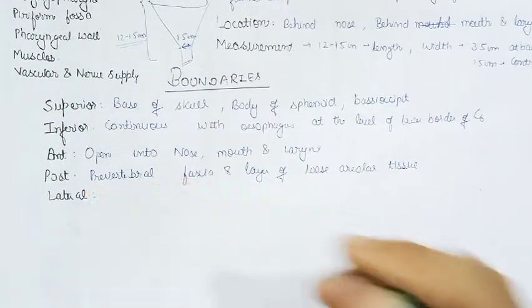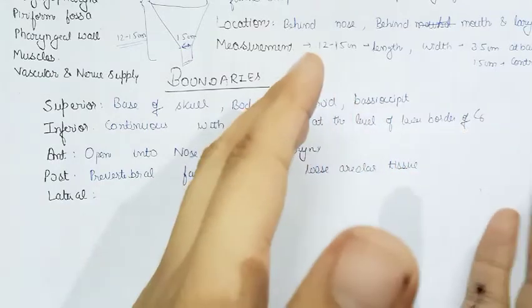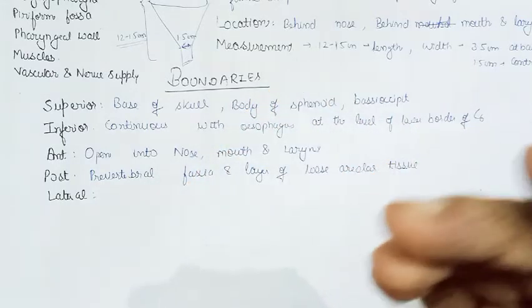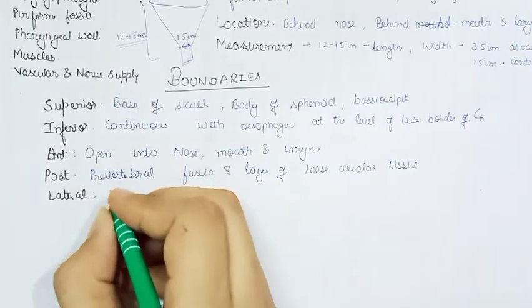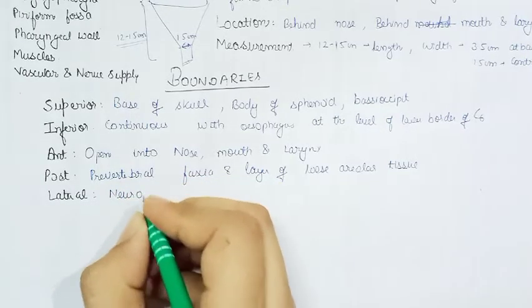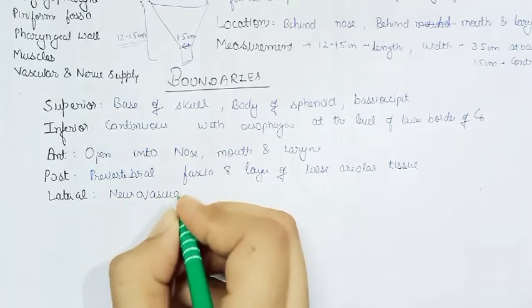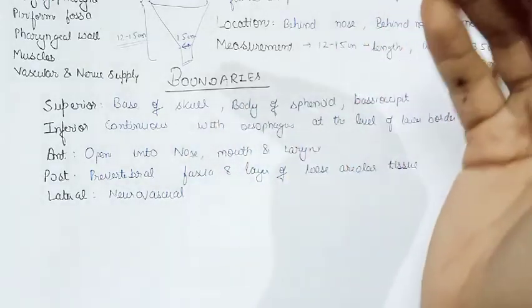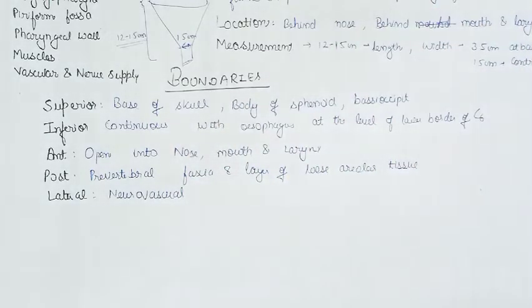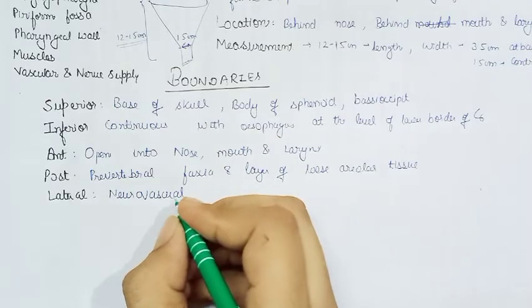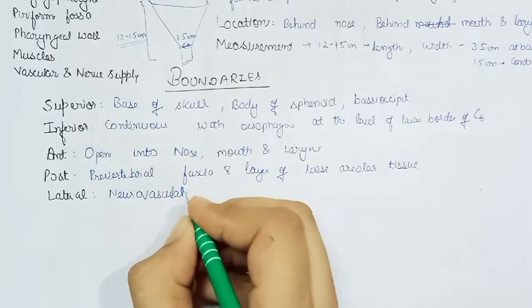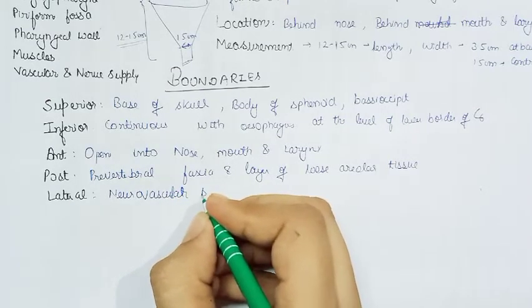So laterally we have some structures. You can guess, in the neck region, what all structures can we have? We will have the neurovascular bundle of the neck, all the structures of arteries and nerves entering or leaving the neck region. So we have the neurovascular structures.